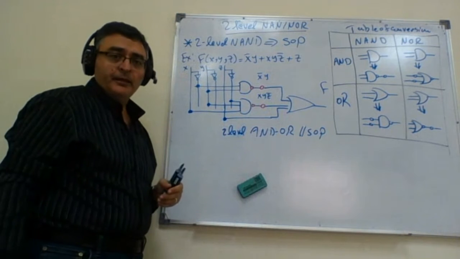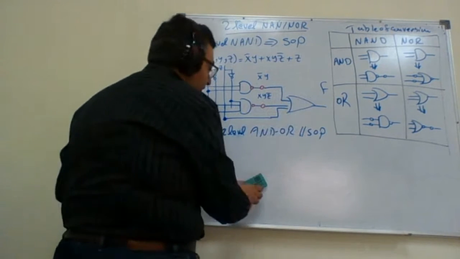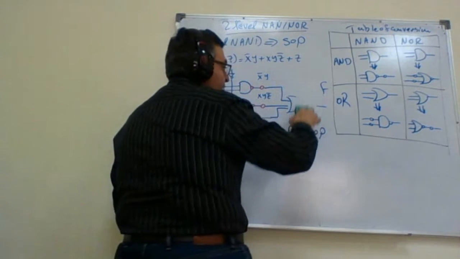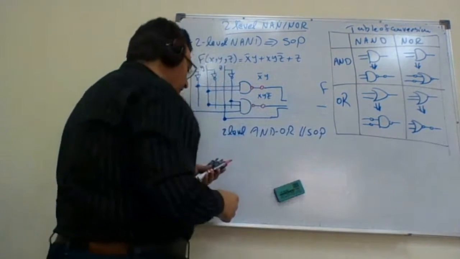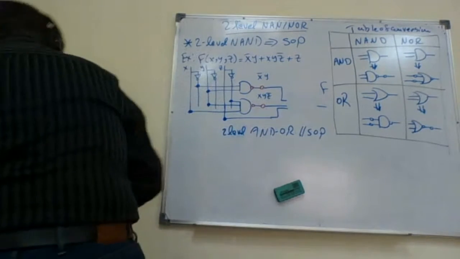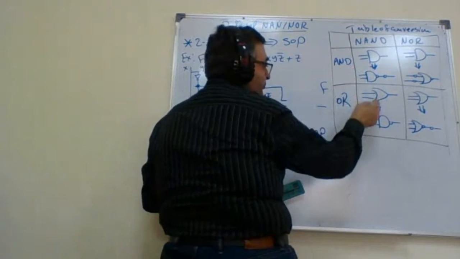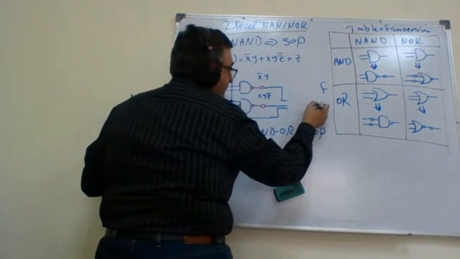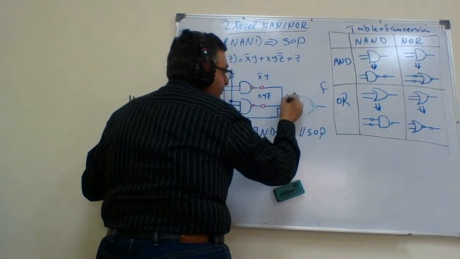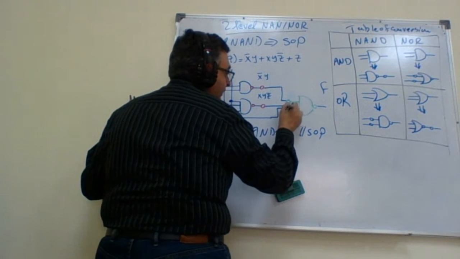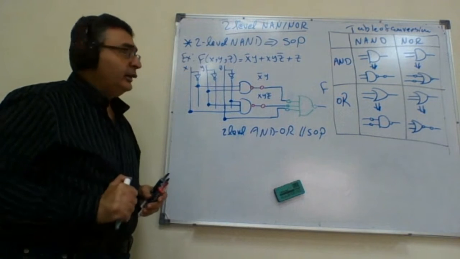Correct? Then I have an OR, as we demonstrated in the previous two lectures. So I have to remove the OR gate and put a NAND gate and the inverters at the inputs. Correct?